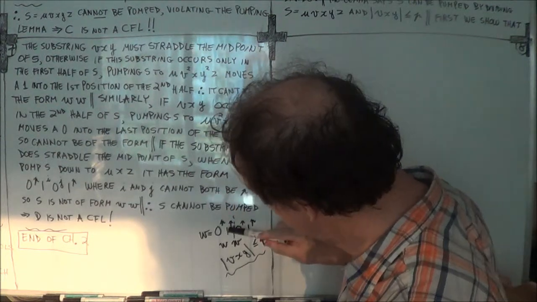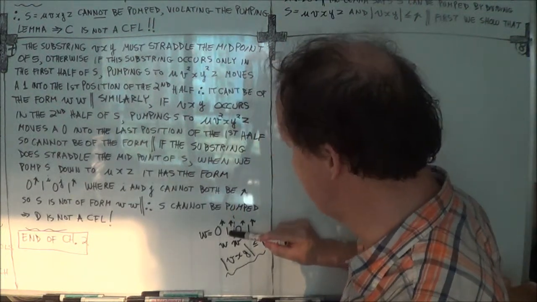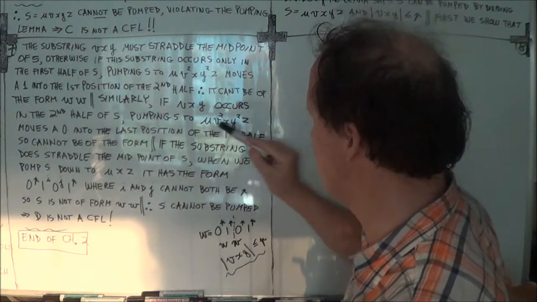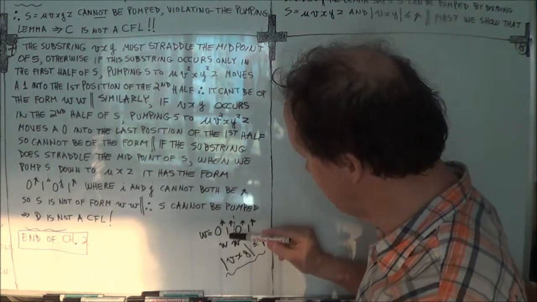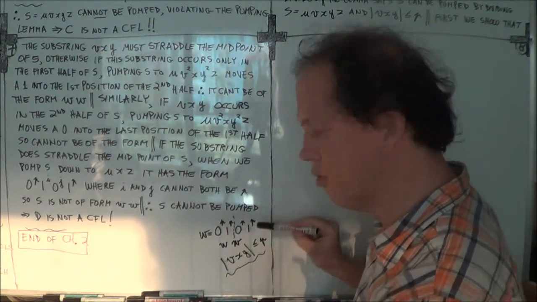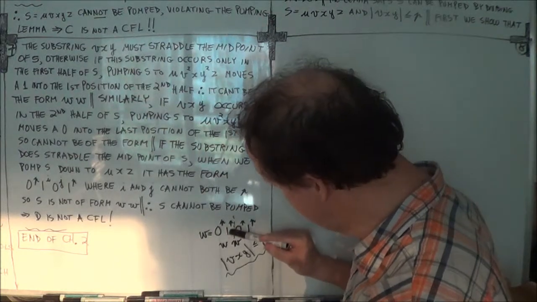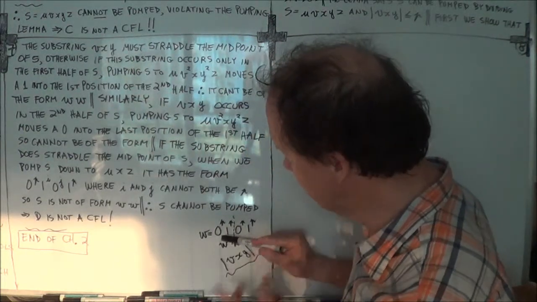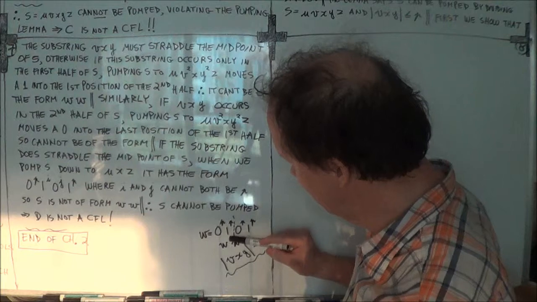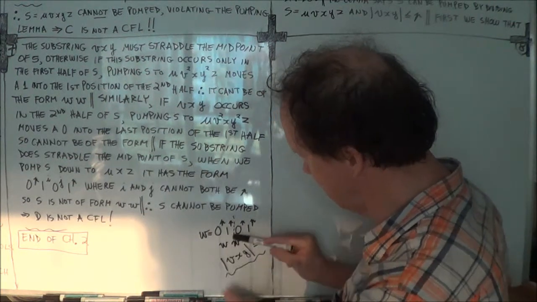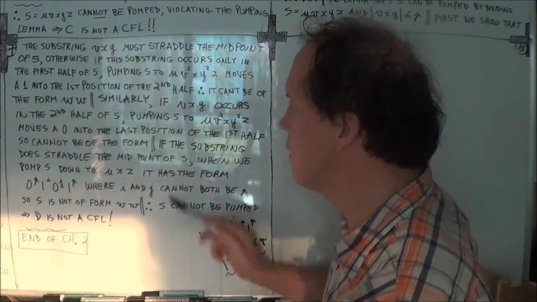But that's not allowed, because to be an acceptable string in the language, the last position of the left half has to be a 1. You can see from here it has to be a 1. So that's not allowed either.